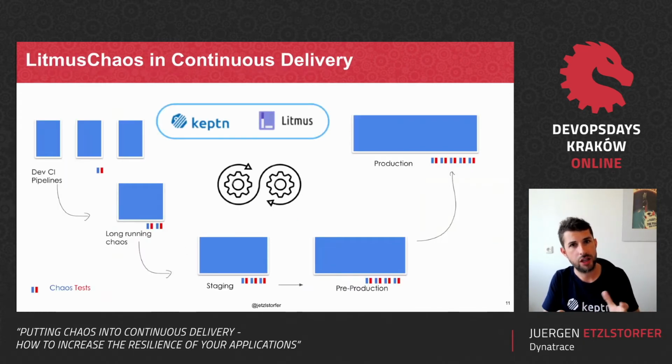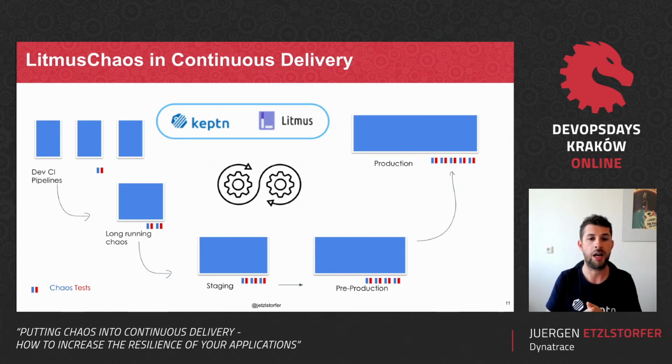So in this presentation, we are going to use LitmusChaos, which is an open source chaos engineering framework. It works very well in Kubernetes environments. And since I'm a maintainer of the Keptn project, which also works very well in Kubernetes environments, we combined those two projects. We worked together with both communities, and we did an integration that can now be used out of the box.